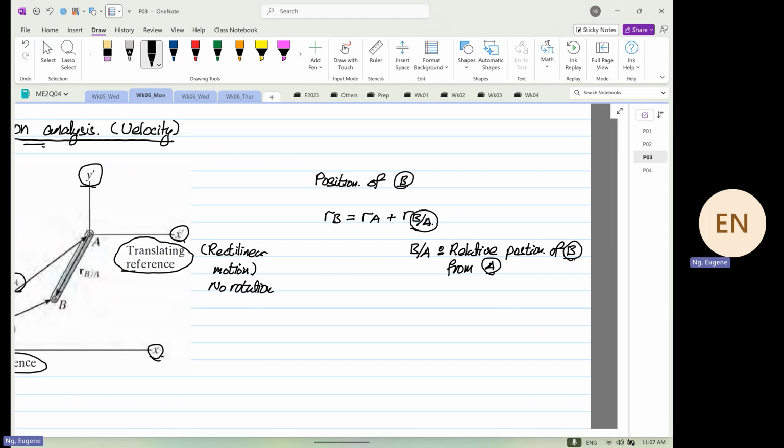Are we clear? I repeat again, everything from our relative position is at the denominator.